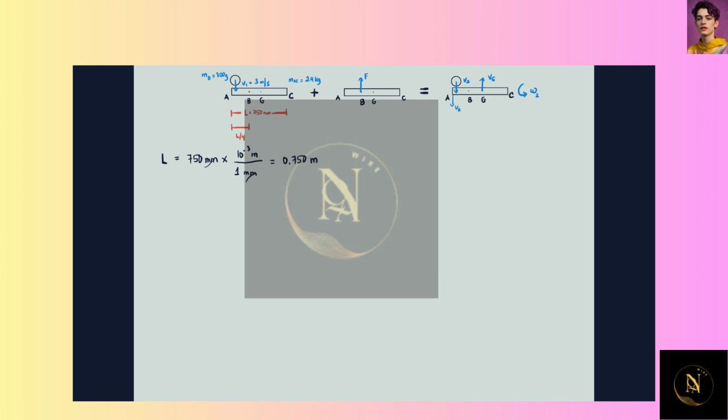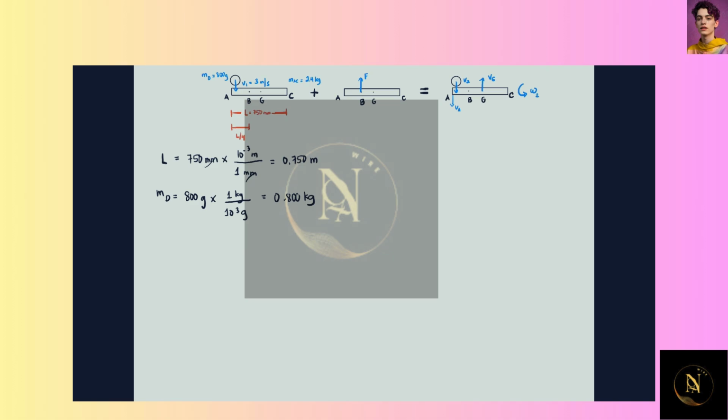The mass of the sphere, MD, is in grams. So, 800 grams times the conversion factor, 1 kilogram equals 10 raised to 3 grams, would be equal to 0.800 kilogram.